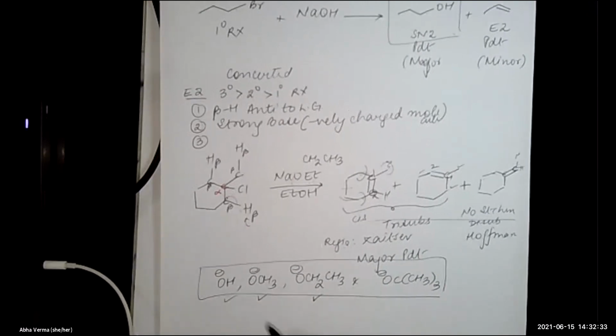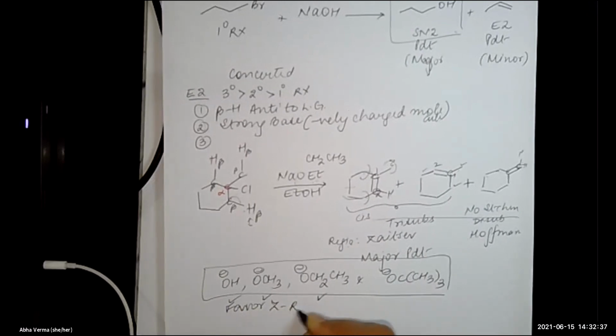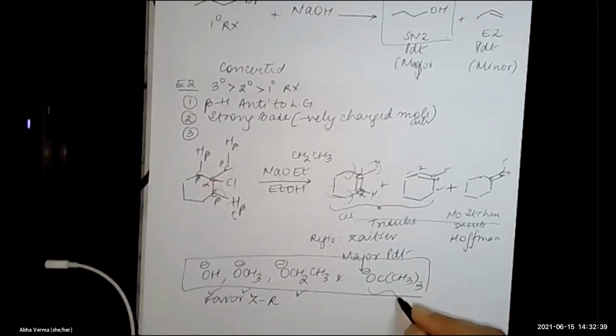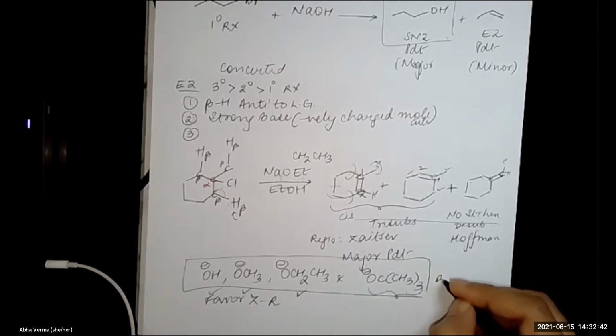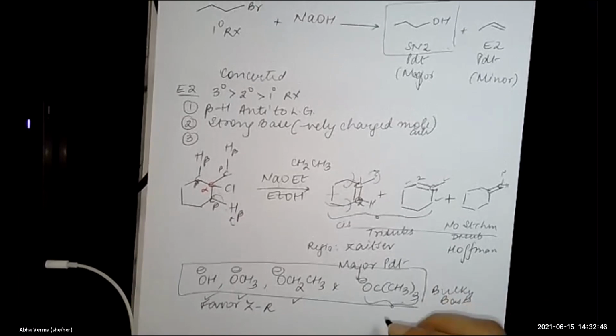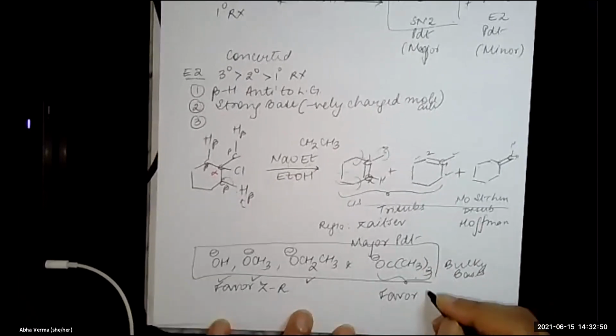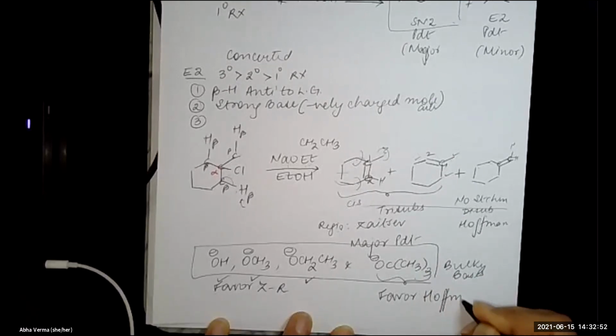These 3 will favor Zaitsev regiochemistry. This one, the bulky one, so all bulky bases will favor the Hofmann regiochemistry.